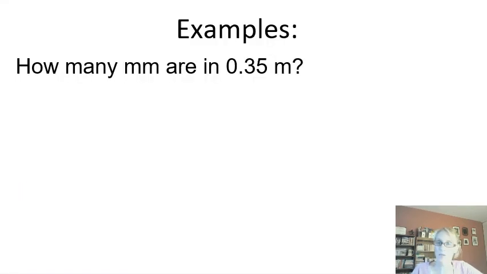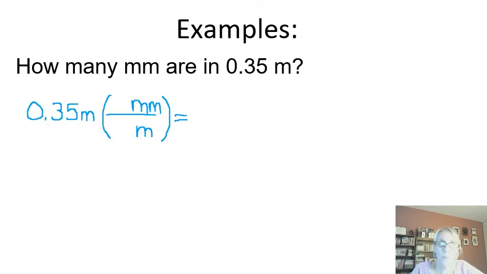And so let's go through some examples as we do this. So how do you use dimensional analysis with the metric system? So how many millimeters are in 0.35 meters? So remember, we're starting with what we know, so 0.35 meters, and we want to convert to millimeters. So meters goes on the bottom, so we can cross out. And now we need to know our conversion.